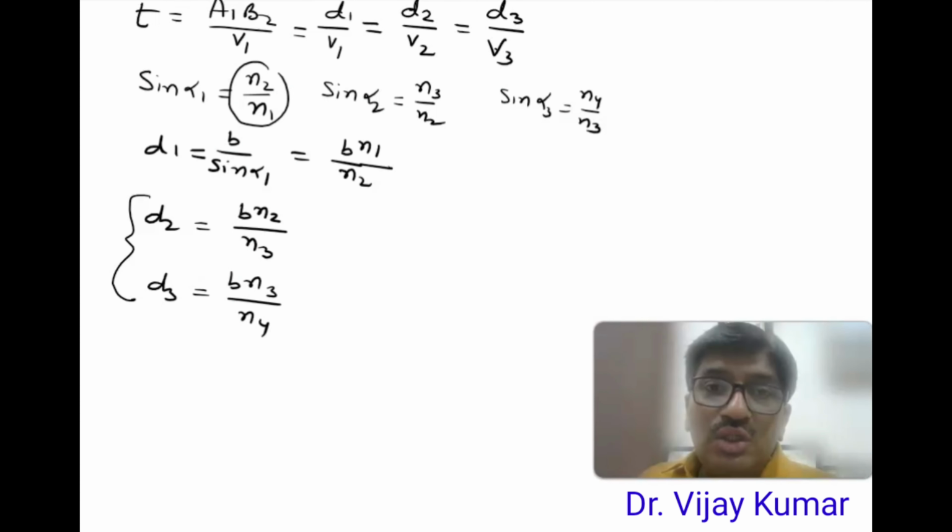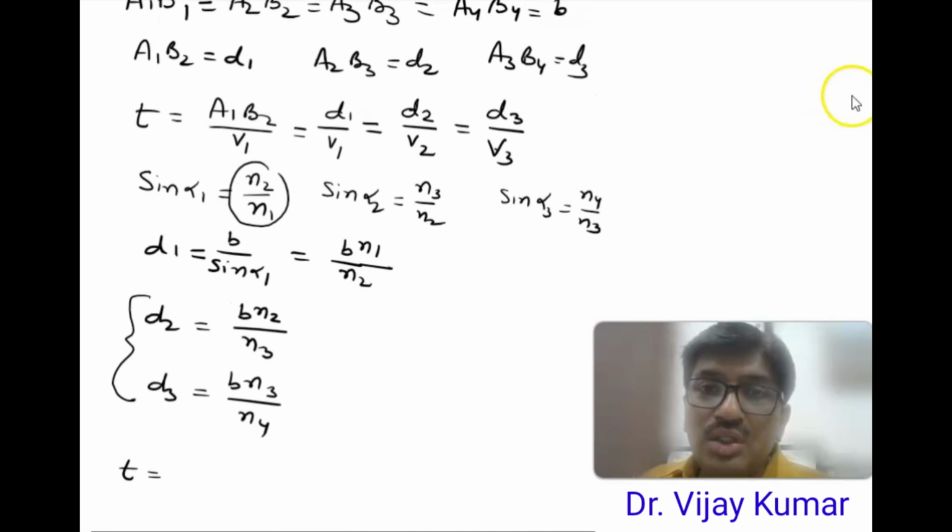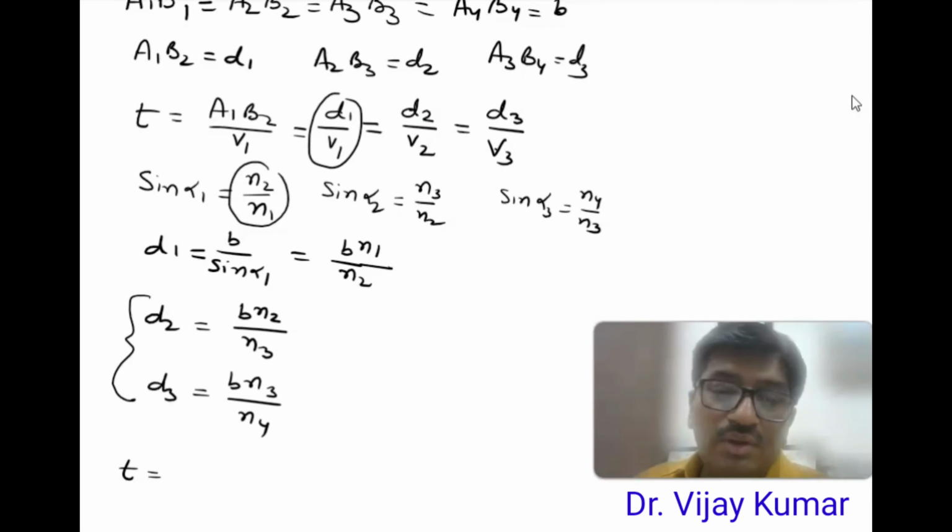So T equals D1 upon V1, where D1 is B N1 upon N2.